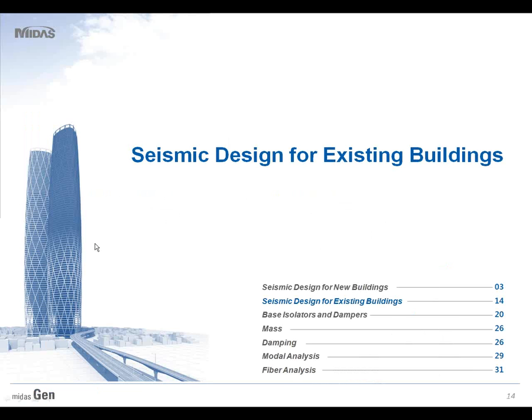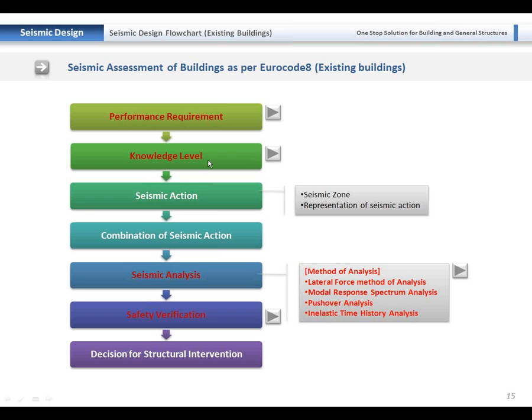Okay, let's move to the seismic design for the existing building. For the existing building, some of the procedure is the same and some of the procedure is different. Firstly, the performance requirement, determining the knowledge level, and seismic action and combination are the same.